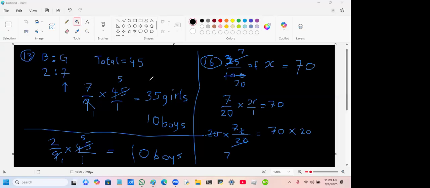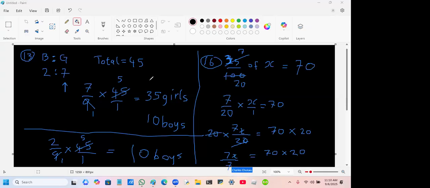Okay. All right. So next thing to do is to say 7x equals 70 times 20. And I think we divide both sides by what? Divide both sides by 7.